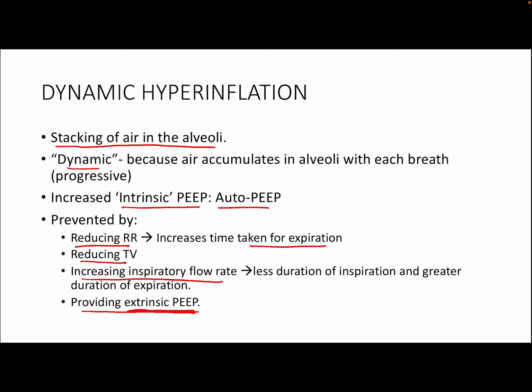Now this requires some explanation. When you provide extrinsic positive pressure, you are reducing dyssynchrony. By reducing dyssynchrony, you are reducing the work of breathing and the discomfort the patient feels. How?